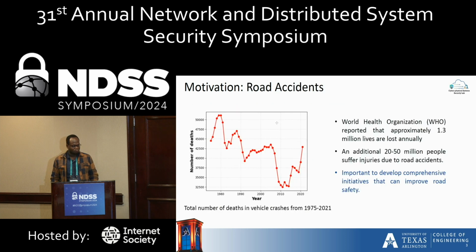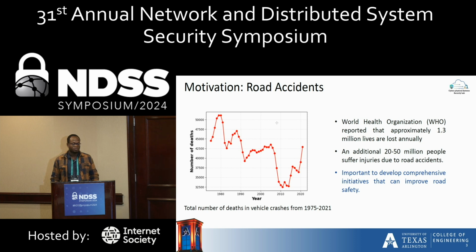And the other motivation we had was on injuries and deaths on the road. According to the World Health Organization, we have about 1.3 million lives lost annually on the road across the world. And 20 to 50 million people suffer injuries, and some of these are very serious injuries that reduce their mobility or other things.